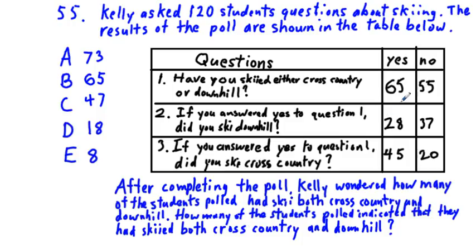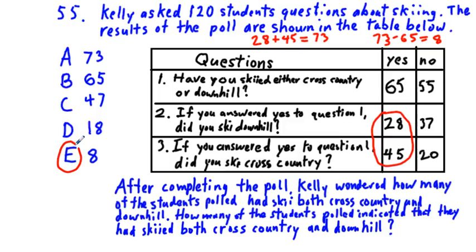Well, here 65 said yes to the first question, but when polled about each separate event, we had 28 plus 45. Well, 28 plus 45 is 73. Therefore, 73 minus 65, which equals 8, had done both.